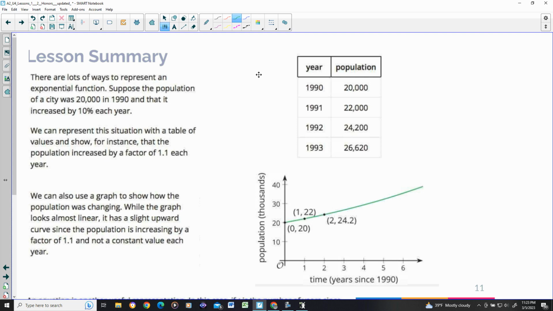And so, really, our first main takeaway from this is the idea of growth factor and growth decay. So, some of this was familiar from previous units. Some of it may be a little bit new, especially with the negative exponent, can now be used. So, there's lots that we can now do with this.